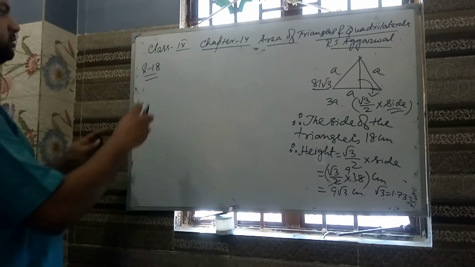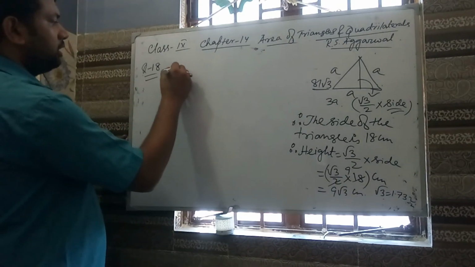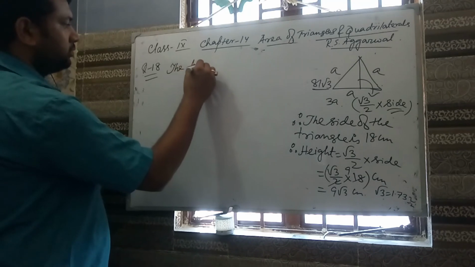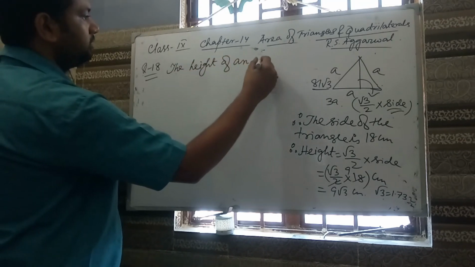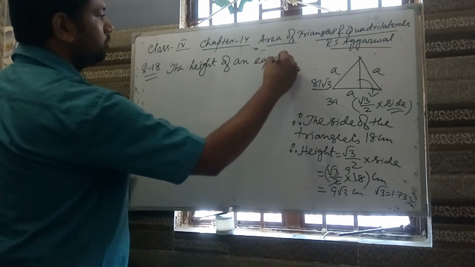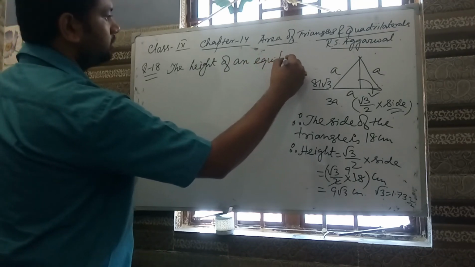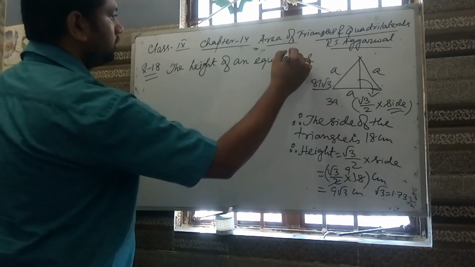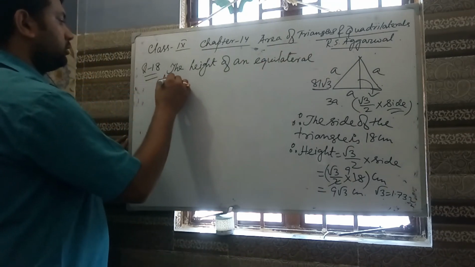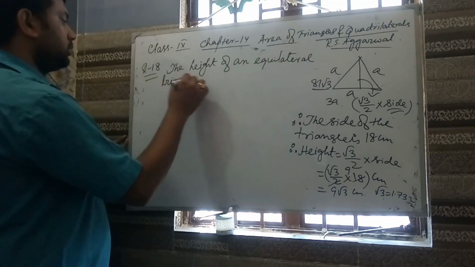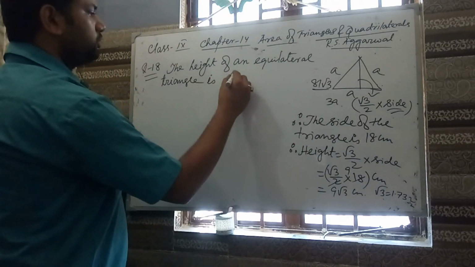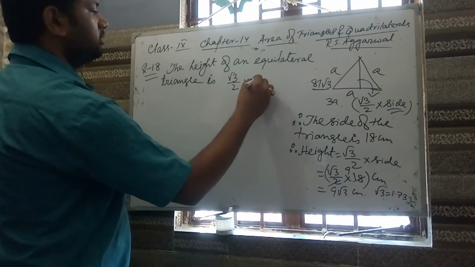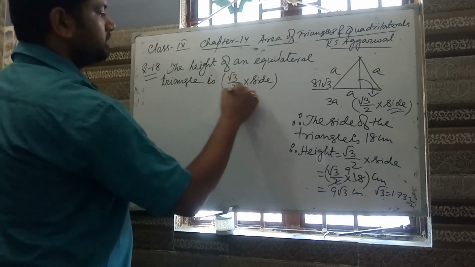So what we have to do? We have to write down the height of an equilateral triangle is, this is the formula, root 3 by 2 into side, this much unit.